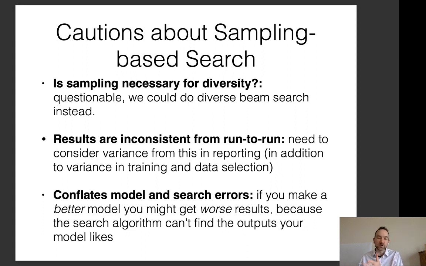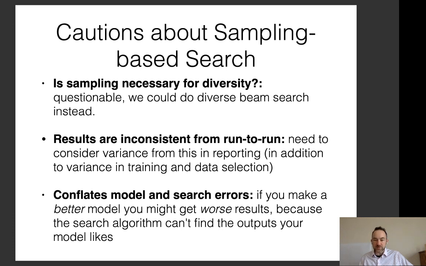So if you're generating outputs using sampling, you should also generate the span of potential accuracy scores that you could get from different runs. And another issue is that it conflates model errors and search errors. So if you make a better model that suddenly does better at modeling, you might still get worse results because the search algorithm that you're using, like sampling, cannot find the output that your model likes.